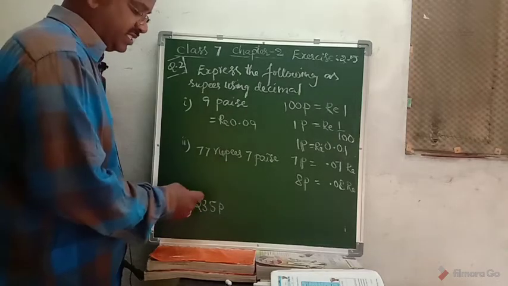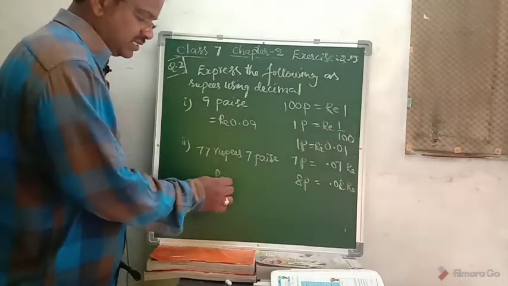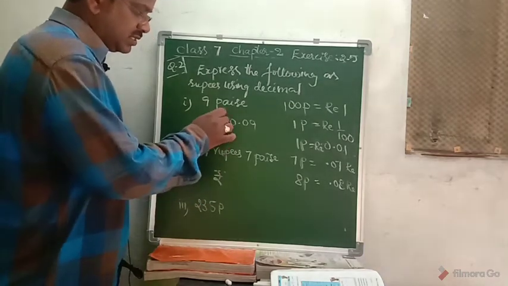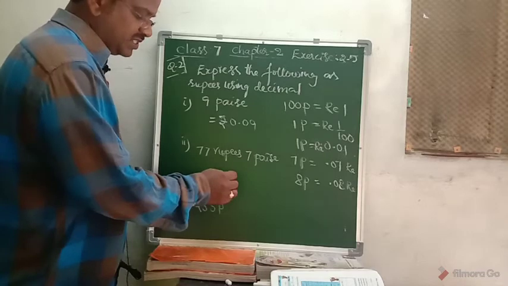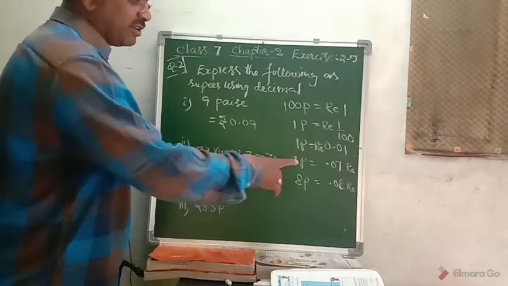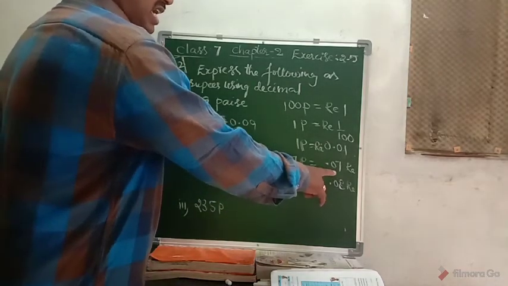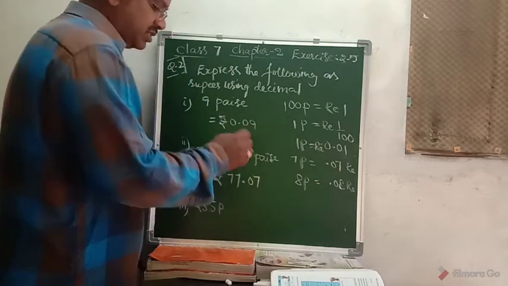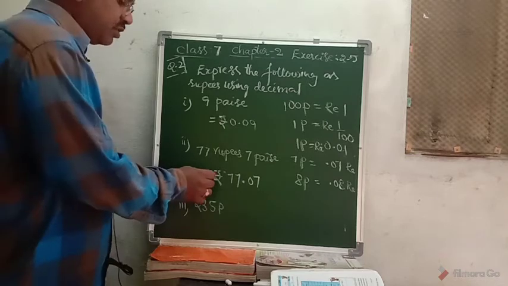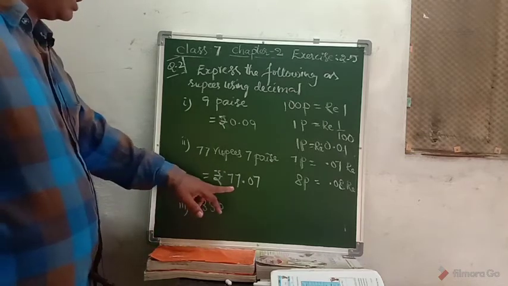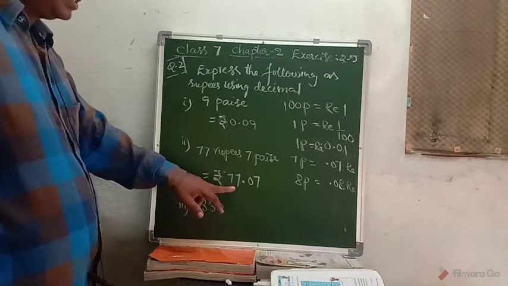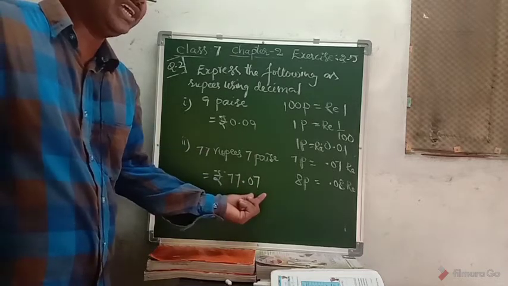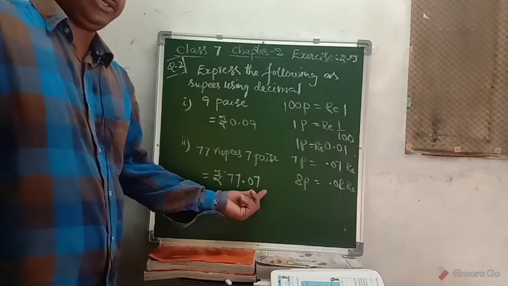We'll go for the next one: 77 rupees 7 paise. For rupees, the symbol should be changed. Rupees 77, and 7 paise can be expressed as 0.07. So the amount expressed using decimals is 77.07 rupees. We always use 2 digits to represent paise.